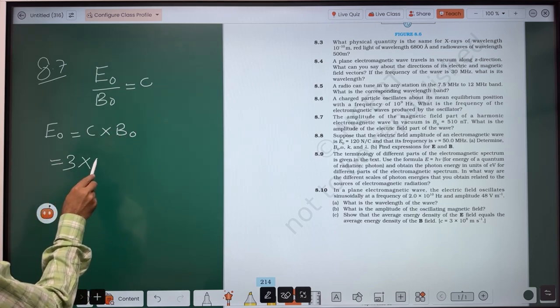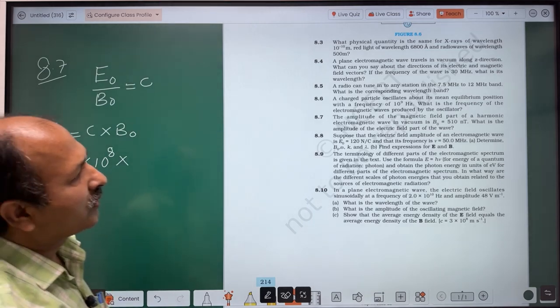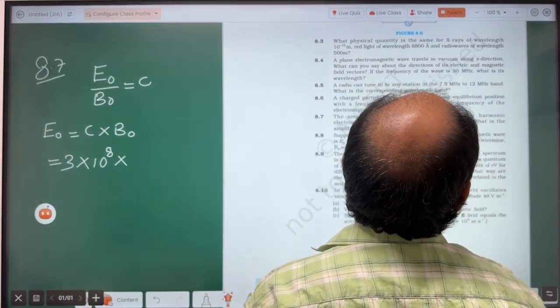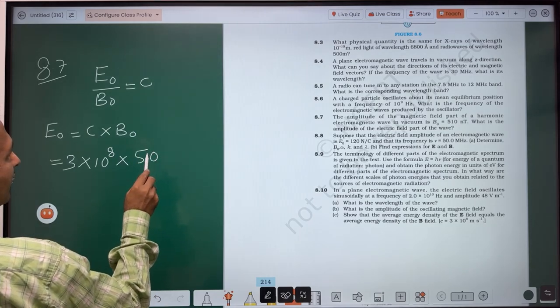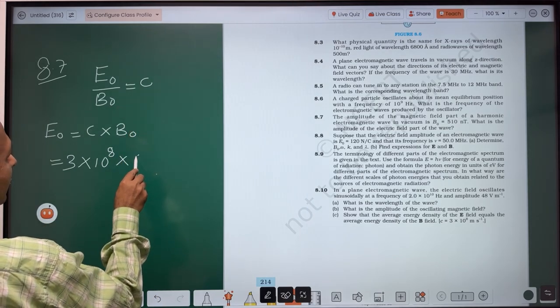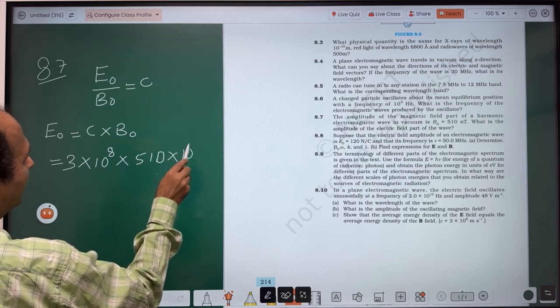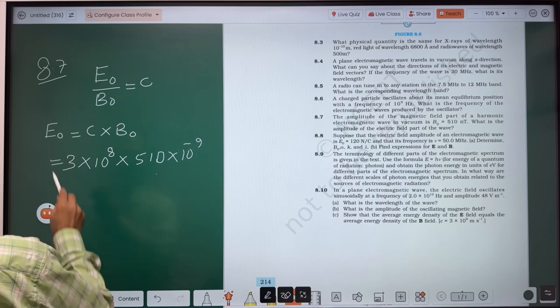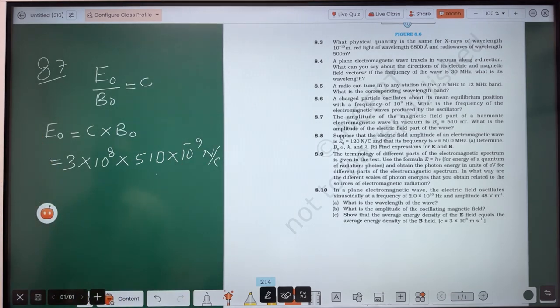We can put the values: 3 into 10 to the power 8 multiplied by B0, which is 510 nanotesla, so 510 multiplied by 10 to the power minus 9, and this will be in Newton per Coulomb, right? It is simple to evaluate.